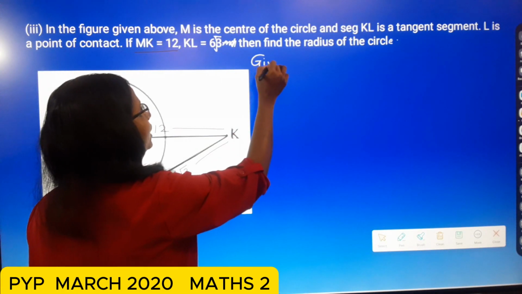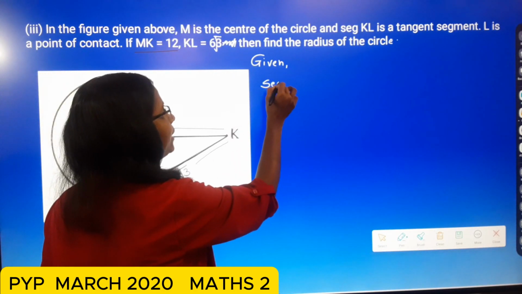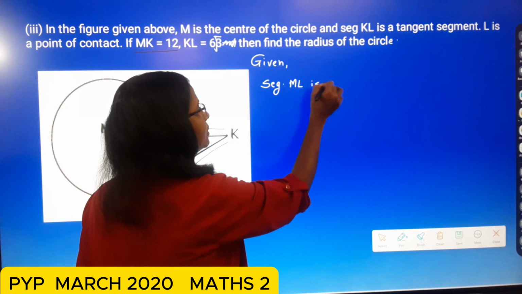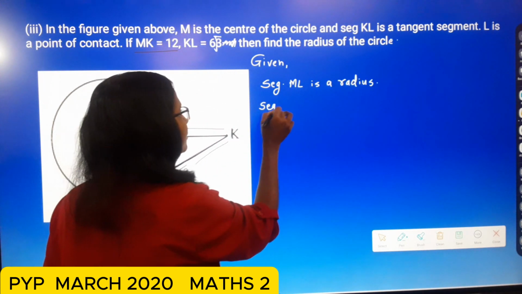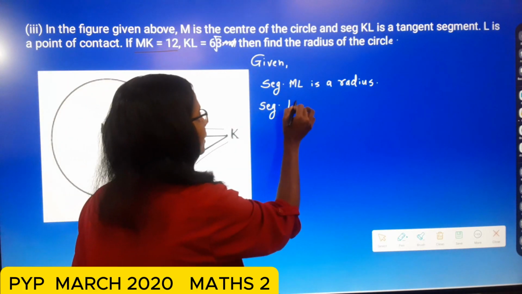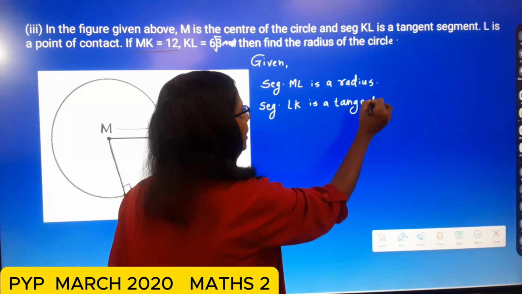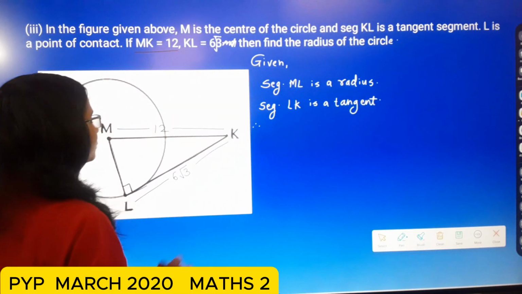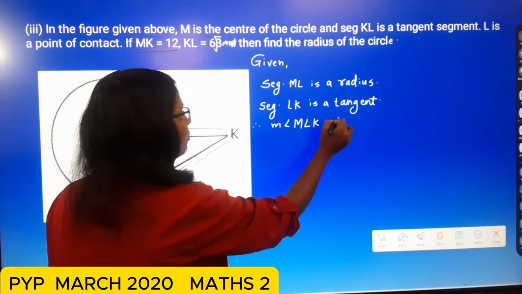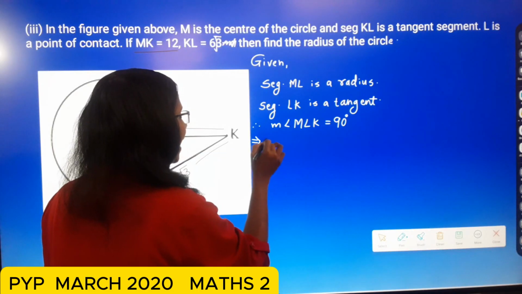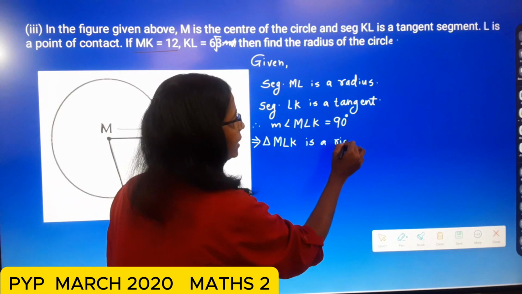I write down given: segment ML is a radius, then segment LK is a tangent. Therefore, measure of angle MLK is equal to 90 degrees. It means that triangle MLK is a right angle triangle.